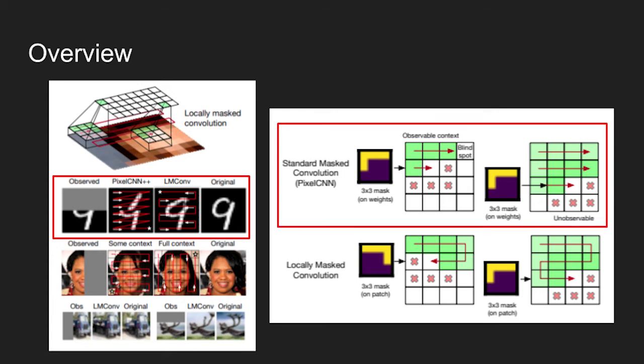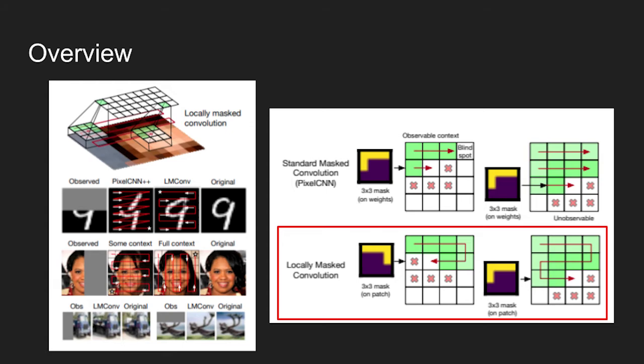The right figure shows a standard masked convolution used in PixelCNN. We can observe that a single masked convolution filter is applied to all locations in the image. Sharing the masking pattern constrains the possible orders and leads to blind spots which the output distribution is unable to observe.